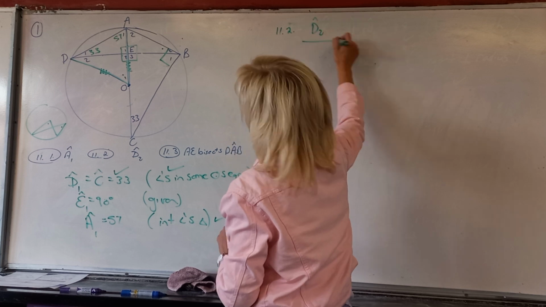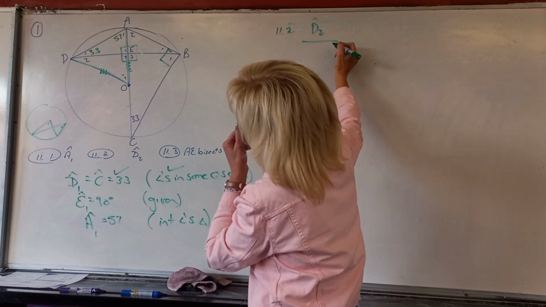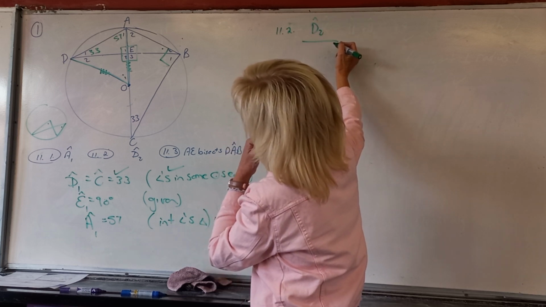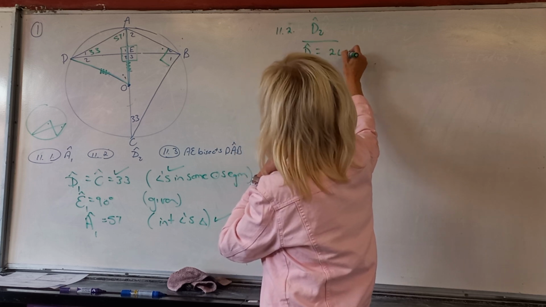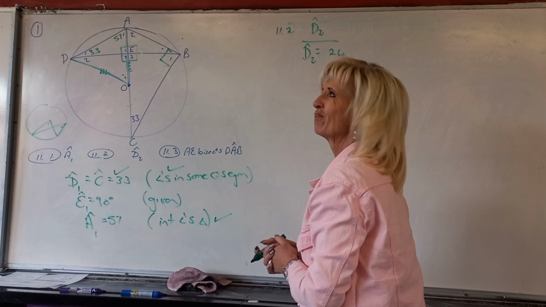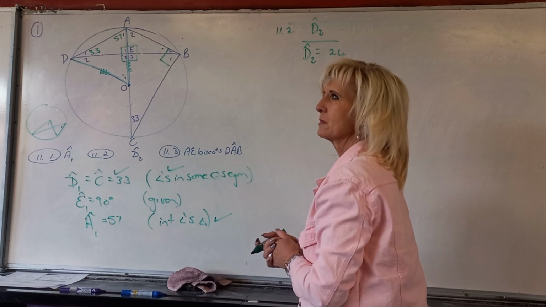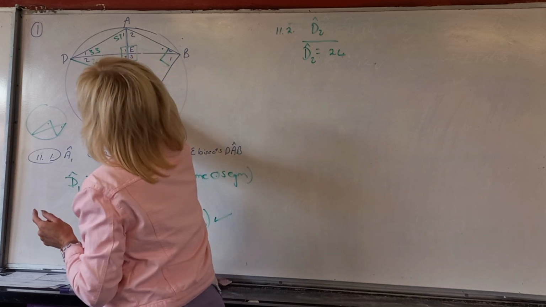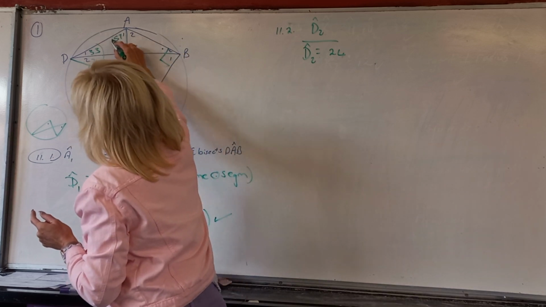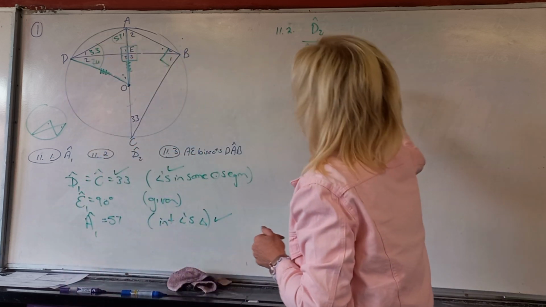So for D2, how are we going to find it? We said D2 is equal to 24, just like that. But your reason must tell me all this stuff. Why is it 24? Because it has to be equal to 57. Because of?